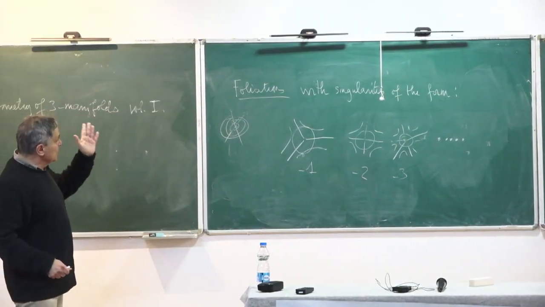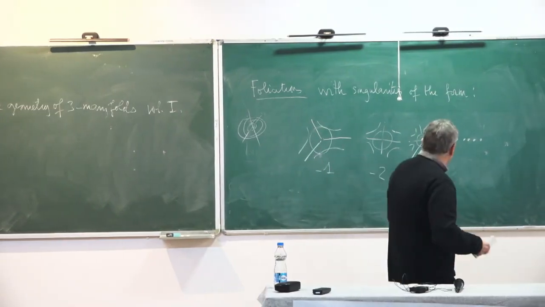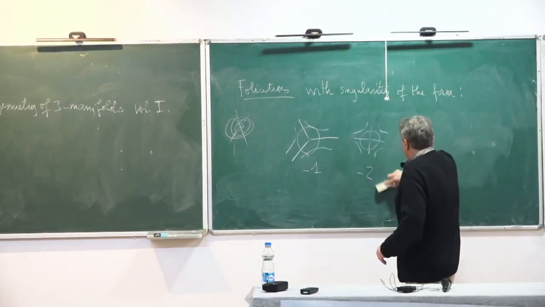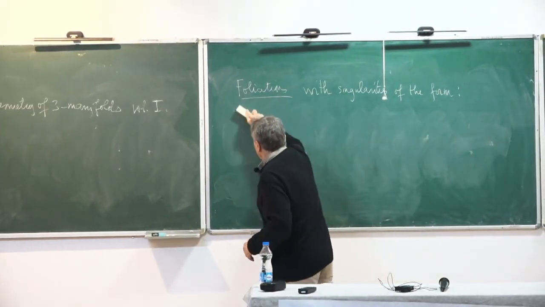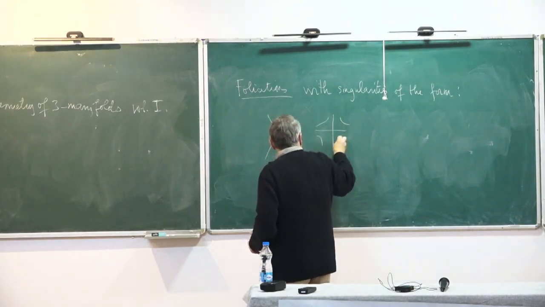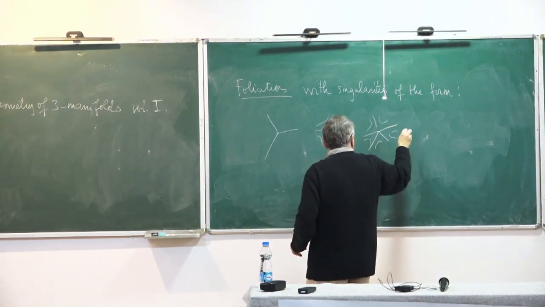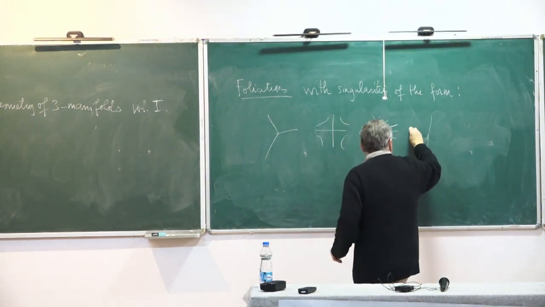Okay. So we have foliations with singularities of the following form, either this or this or this, and so on. 6.